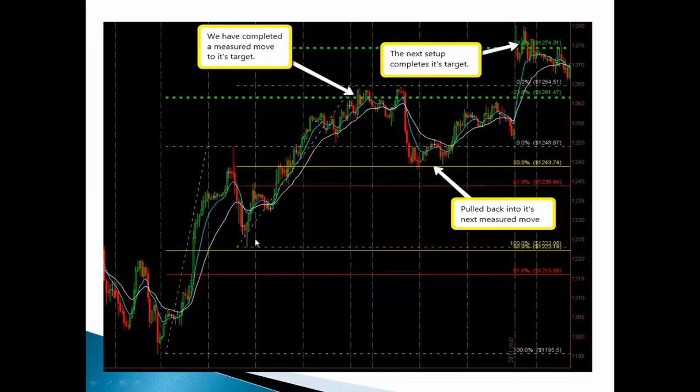First of all, we have bounced off of a 50% retracement, completed a negative 23% target, and then pulled back into the next measured move long. Completed a measured move to its target, we pull back into the next measured move long. We rally into the second traditional measured move's negative 23% target. It completes its target. Once two have traded, it is now a series.